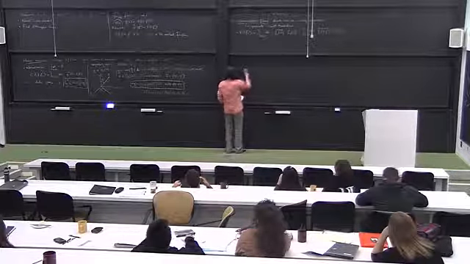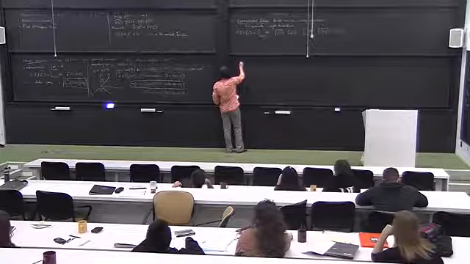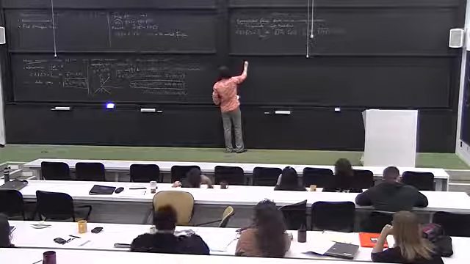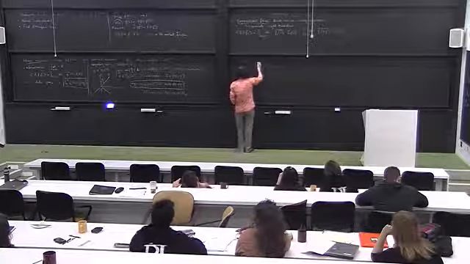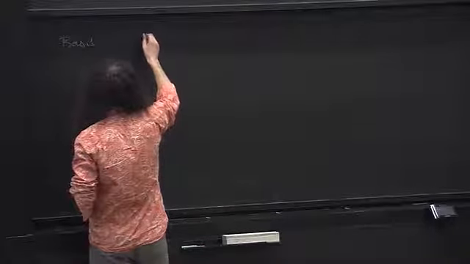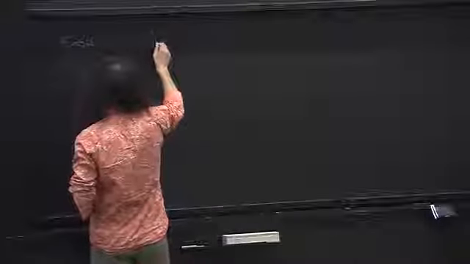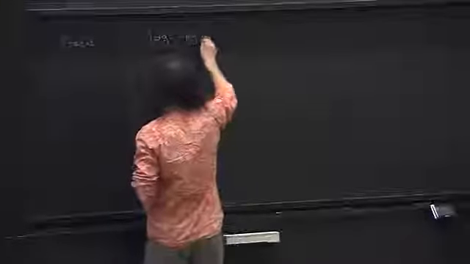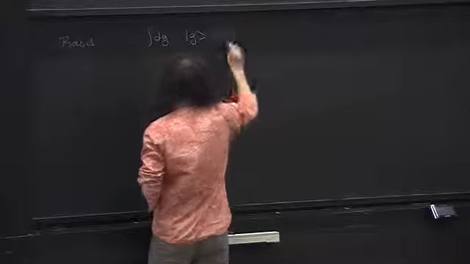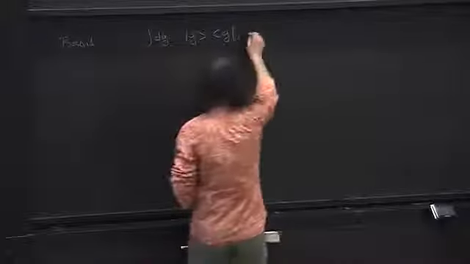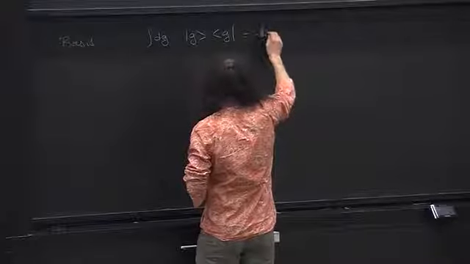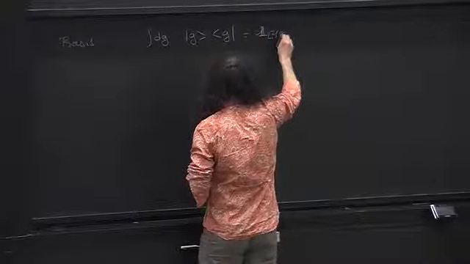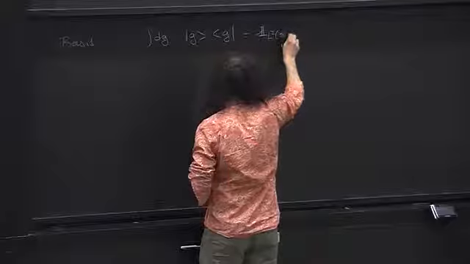Obviously you can write a formal basis, where the resolution of the identity would be the integral dg |g><g|, like that. So that would be the identity on L2 of G, of SU2.